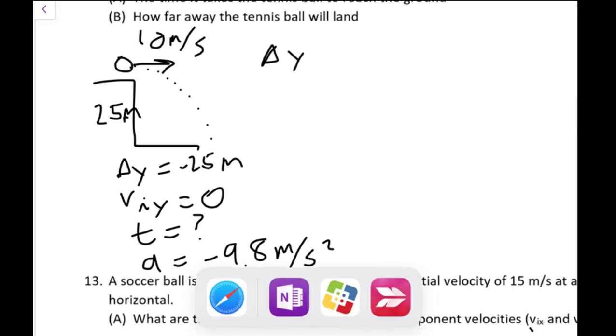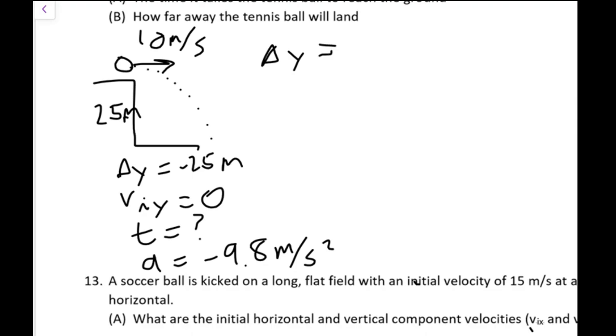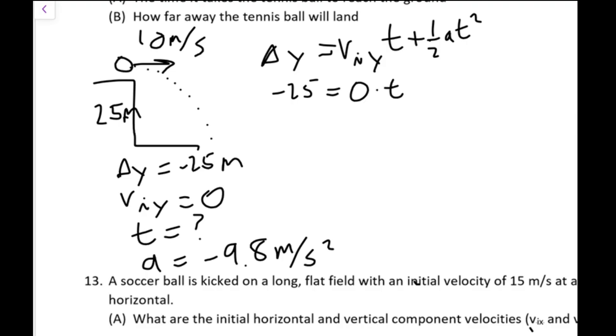Delta y equals Viy t plus 1/2 a t squared. Negative 25 for delta y, 0 times time, plus 4.9 t squared, with the negative.